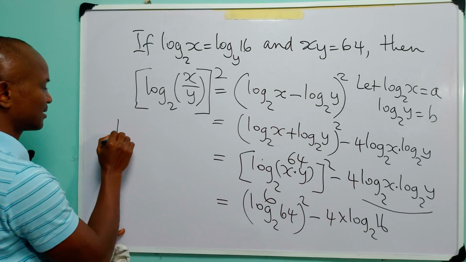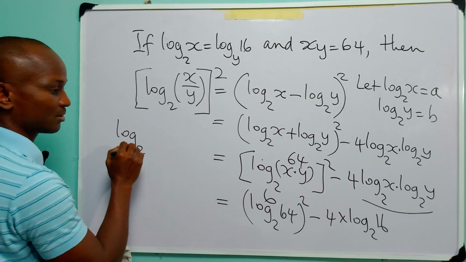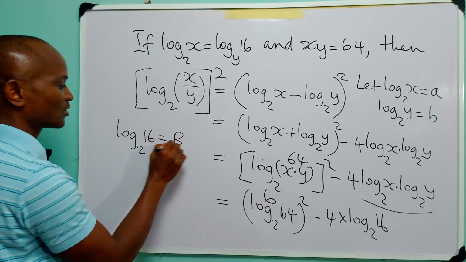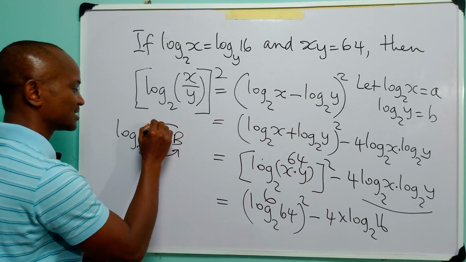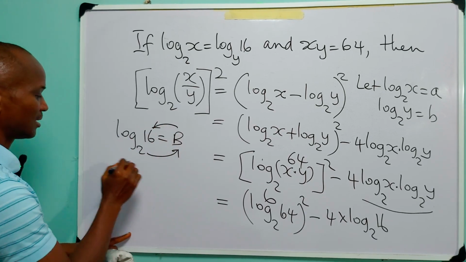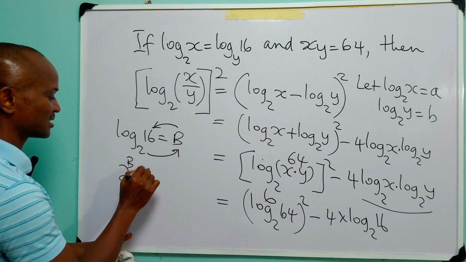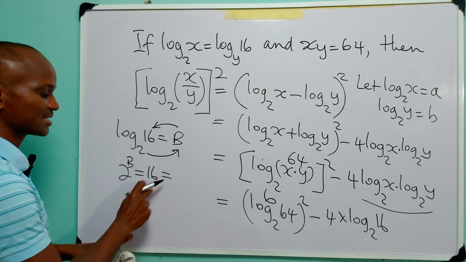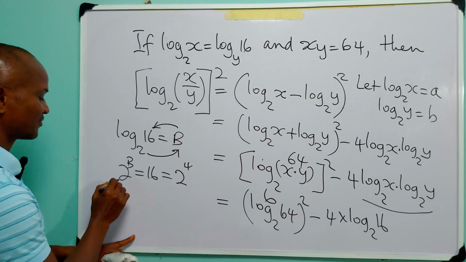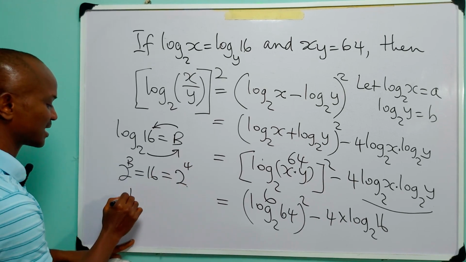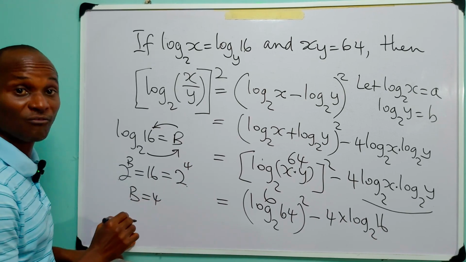Likewise, let log to base 2 of 16 be equal to b. Once more, that simply means that 2 raised to power b is equal to 16. 16 is 2 raised to power 4. You have 2 here, you have 2 here. So that means that b is equal to 4.